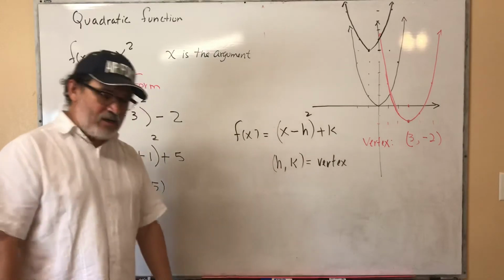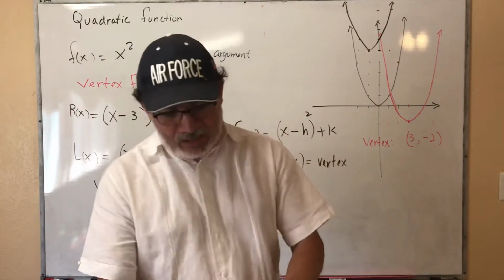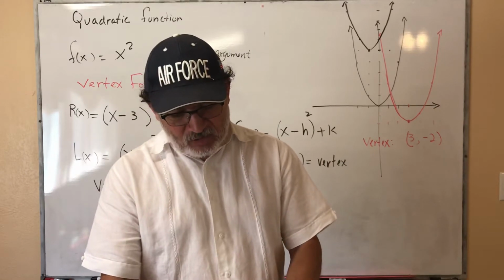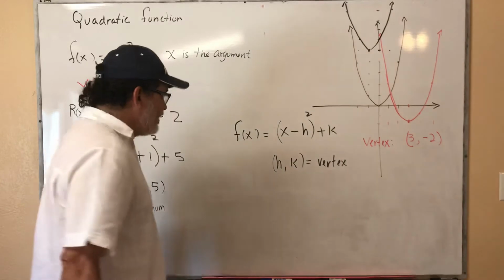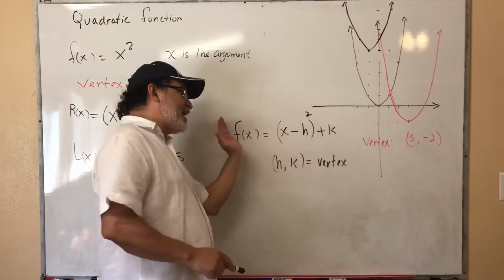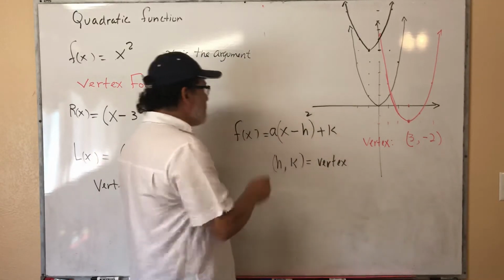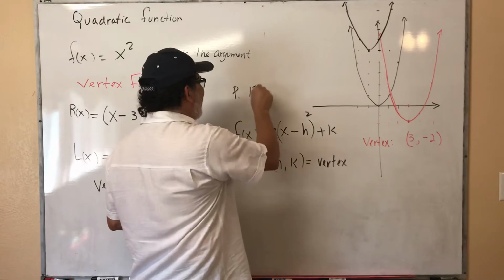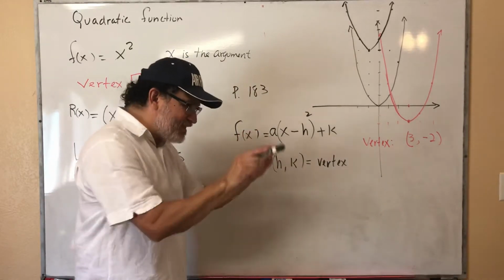All right, very good. So that's what they're trying to say in section 3.1. In section 3.1, on page 183, they make this general. To make it general, we say this is A. Page 183. So if A is negative, it opens down.